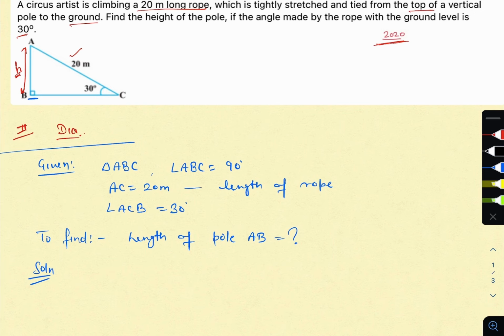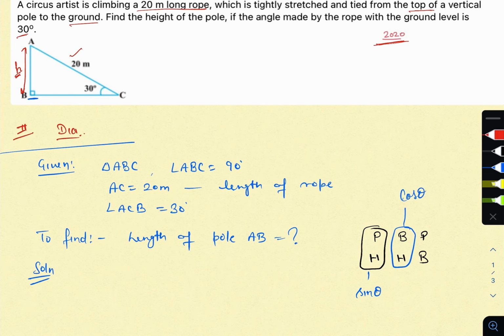There is one very simple trick, that is Pandit Badri Prasad Har Bole. The first letters you get here represent sin theta, the second represent cos theta, and the third represents tan theta.